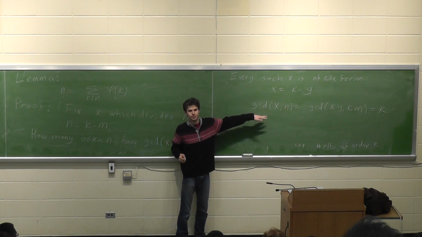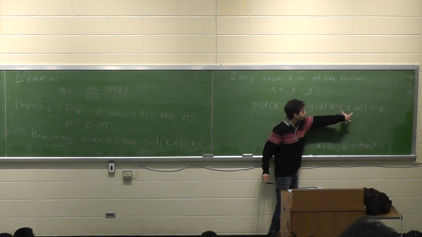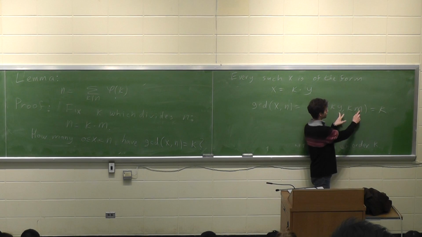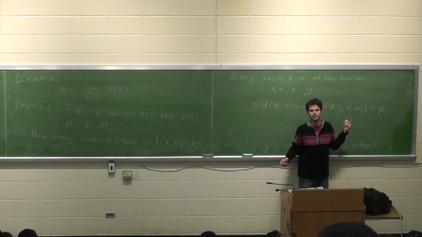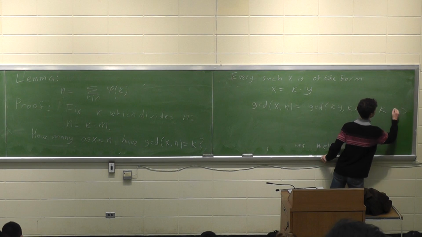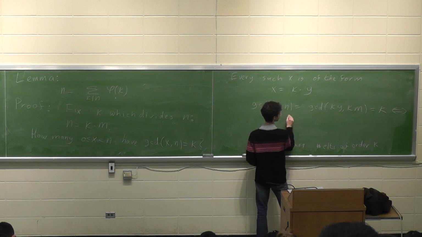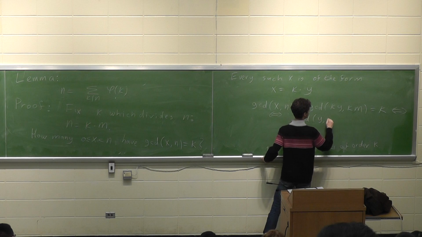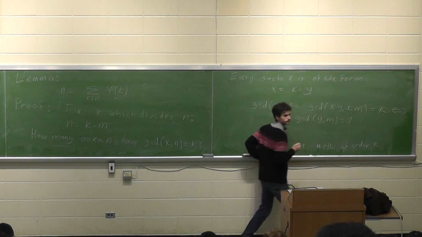Both these numbers are already divisible by k, so the other factors, y and m, should be relatively prime. This holds if and only if GCD(y, m) is equal to 1.